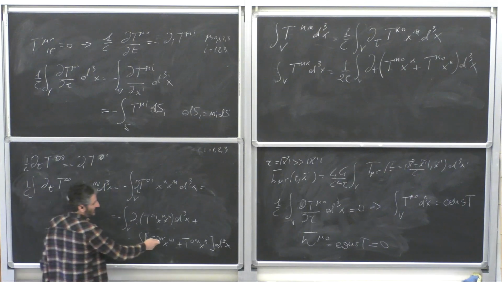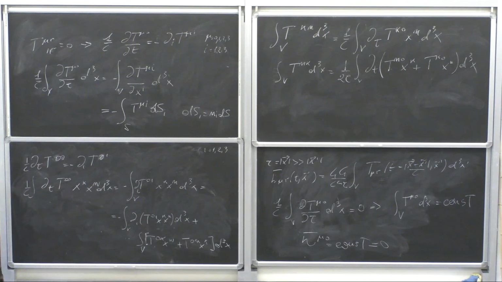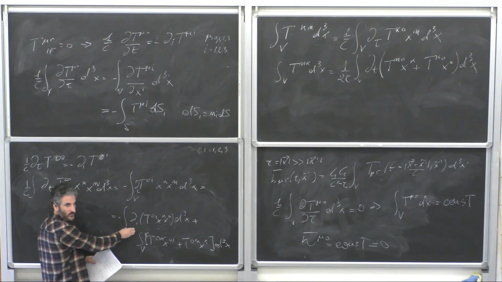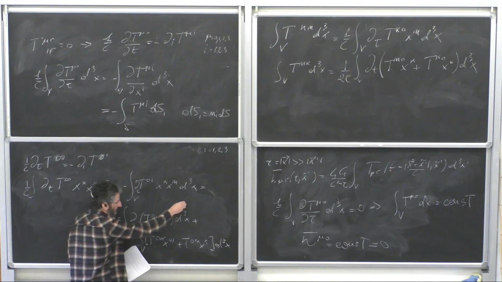The indices here just come every time that you hit one of these coordinates with the corresponding derivative, and you get a Kronecker delta. This is the same as before, the usual divergence. We use the divergence theorem, we evaluate this on the boundary, and it is 0.